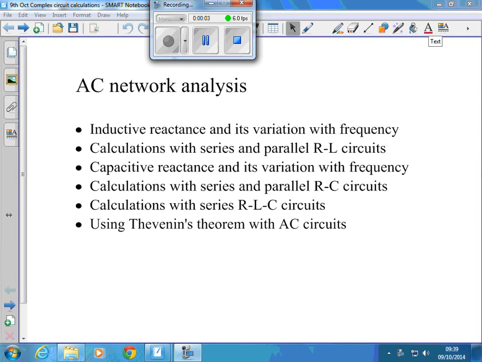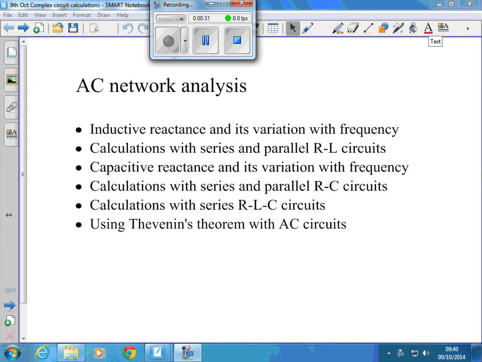So with our mathematicians having covered the complex arithmetic with us, what we're going to do today is have a look at some AC network analysis. We're going to look initially at inductive reactance and how it varies with frequency, and do some calculations with a series and a parallel R-L circuit, a resistor inductor circuit.